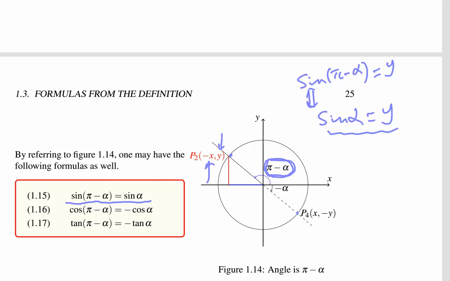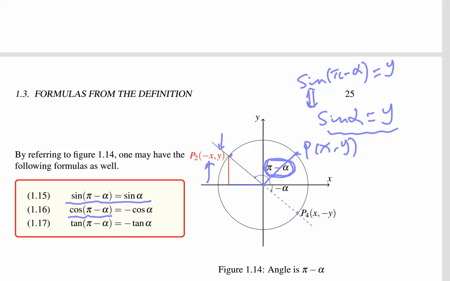Again, recall that the coordinate of this point P was x, y. Now consider cosine of pi minus alpha.